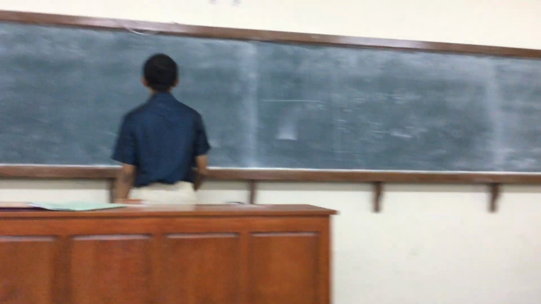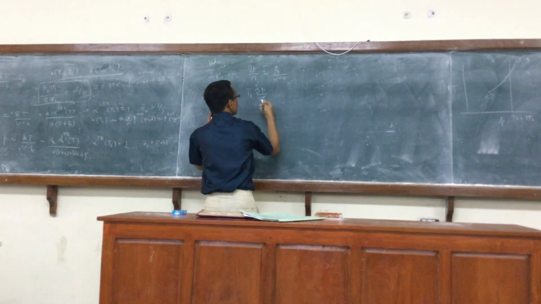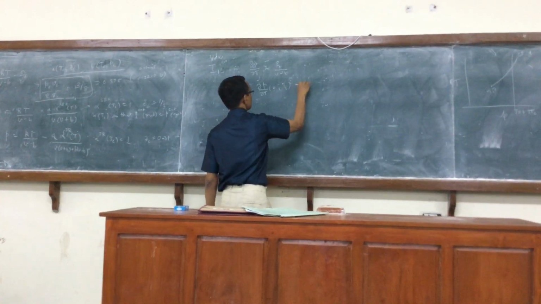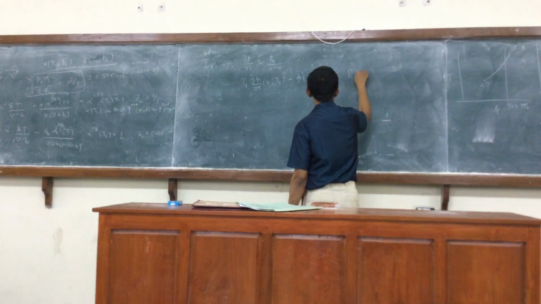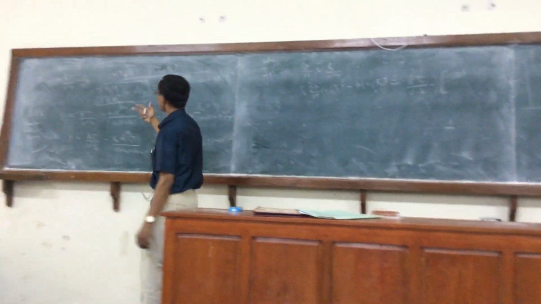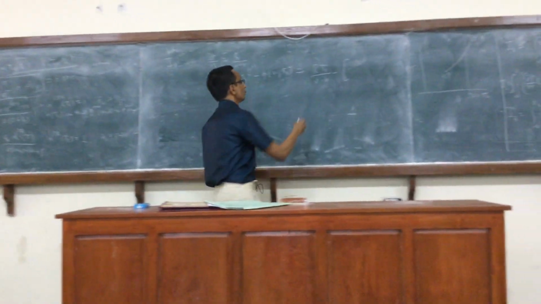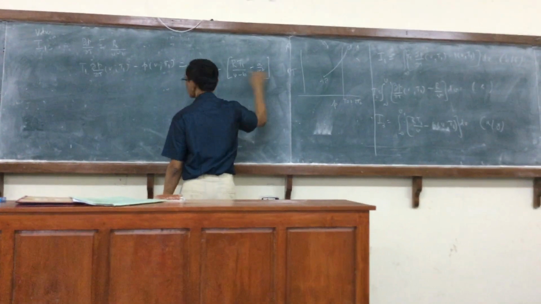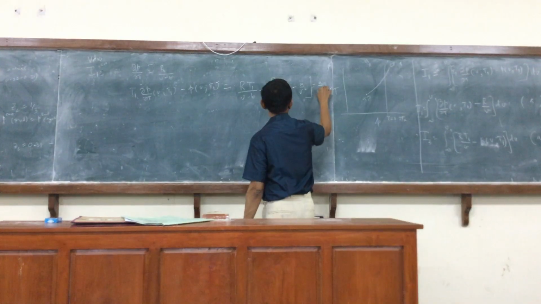So I have T1 dP by dT minus P, where P is given by RT1 by V minus B, minus A over V square, evaluated at T1. This makes it very straightforward, so this is simply equal to A over V square.